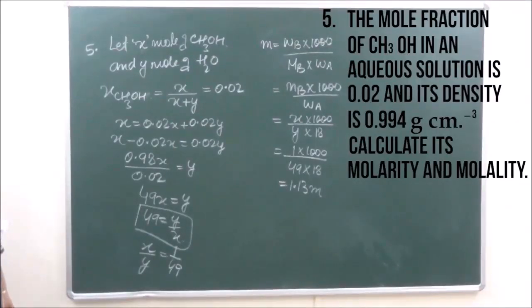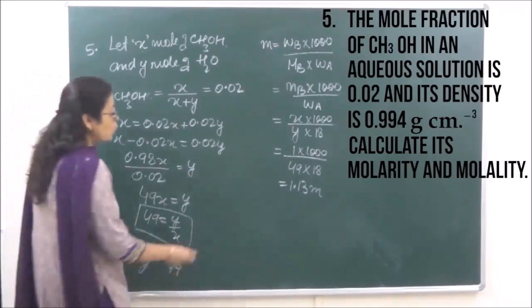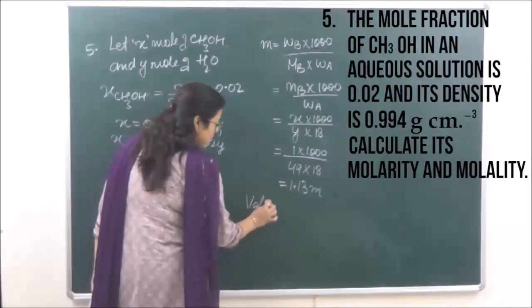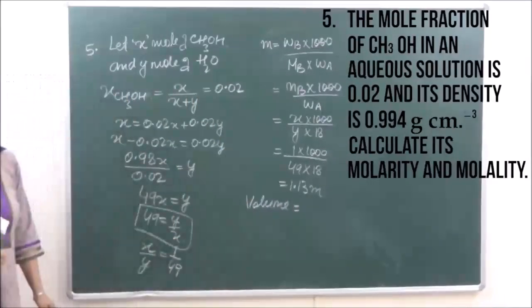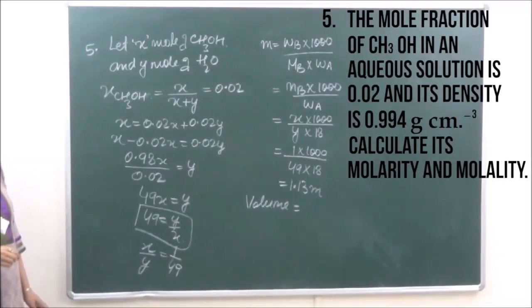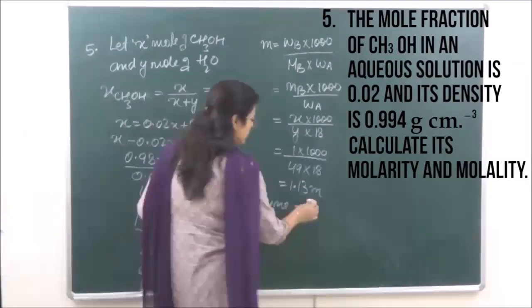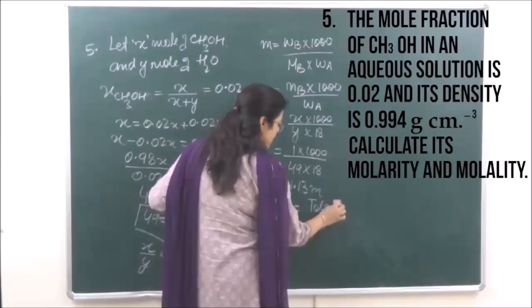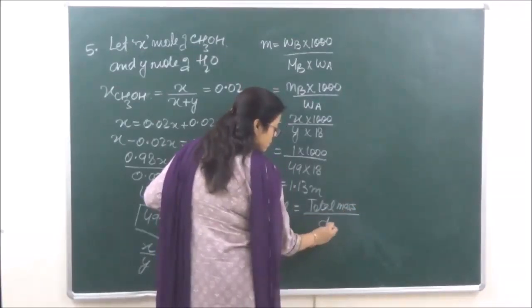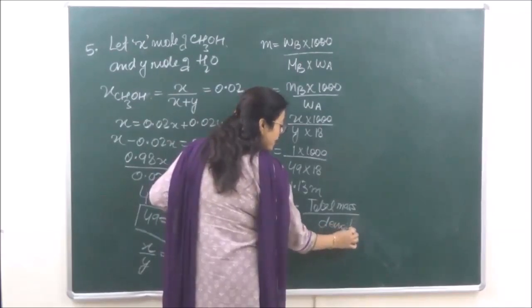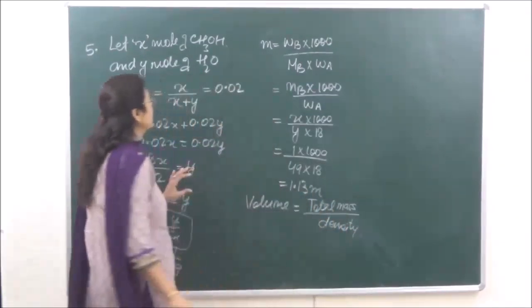Now, in order to calculate the molarity, we need the volume of the solution. What is going to be the volume of the solution? That is going to be total mass upon density. How do we calculate the total mass over here?